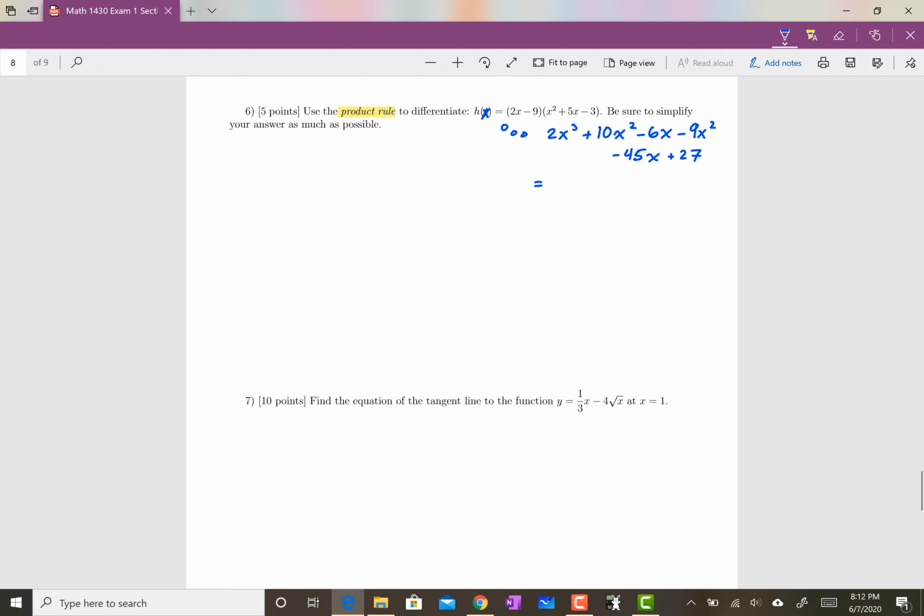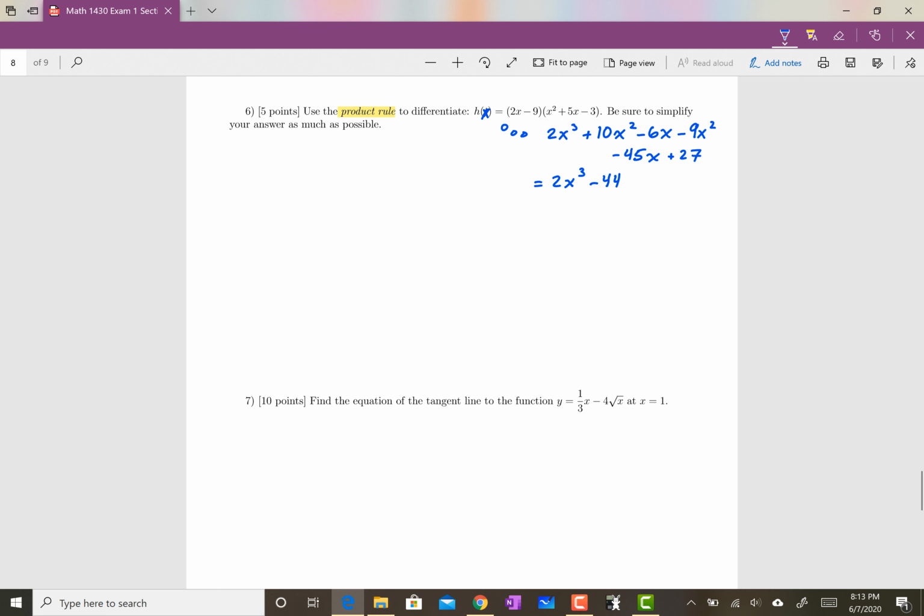If we combine our like terms, we have 2x cubed, we have a 10x squared minus 9x squared minus 45x, so that's going to be minus 44x. I believe I did that correctly.